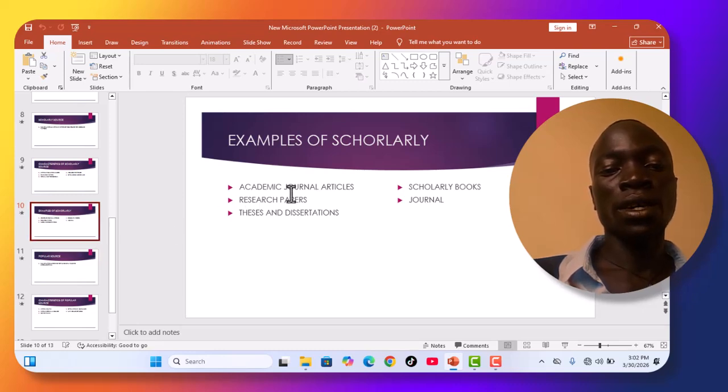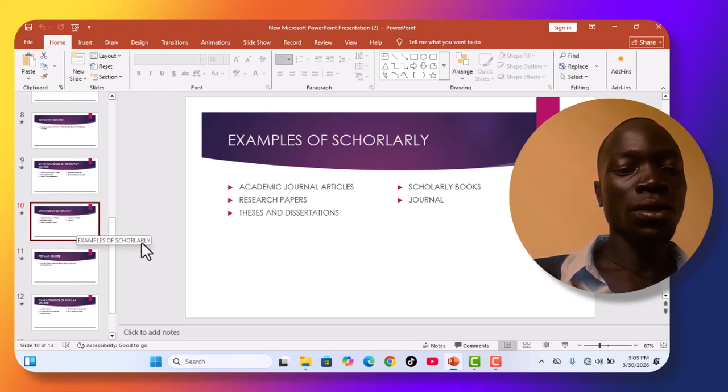For example, we have academic journal articles, research papers, the journal, then the scholarly books. So these have been written by people who are capable of writing those textbooks and those other research articles.